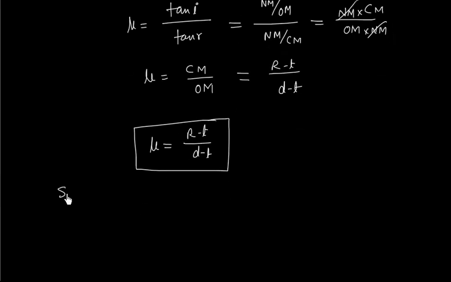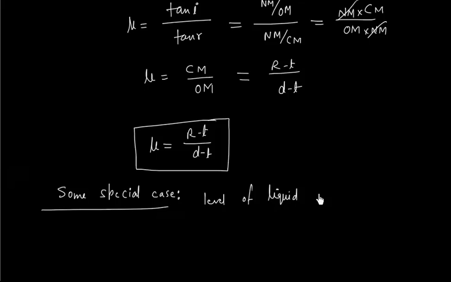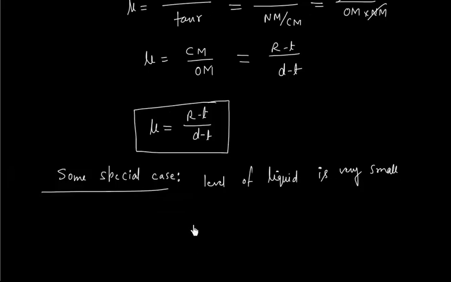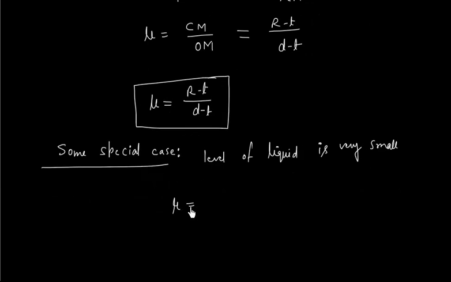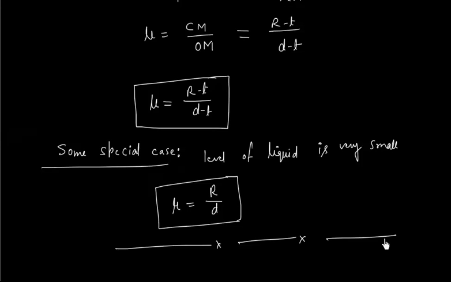In some special cases, if the level of liquid is very low, the thickness is very small. So in these cases mu is directly equal to R by D. So using this method we can calculate refractive index of any liquid.